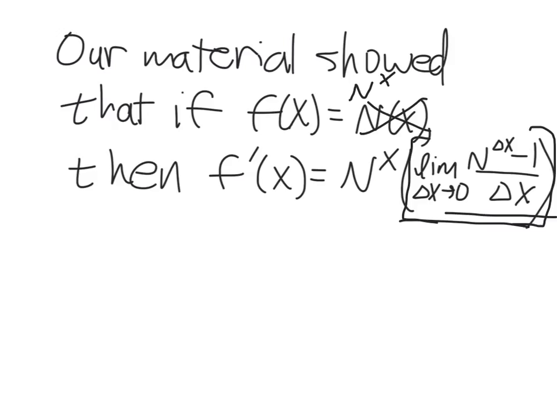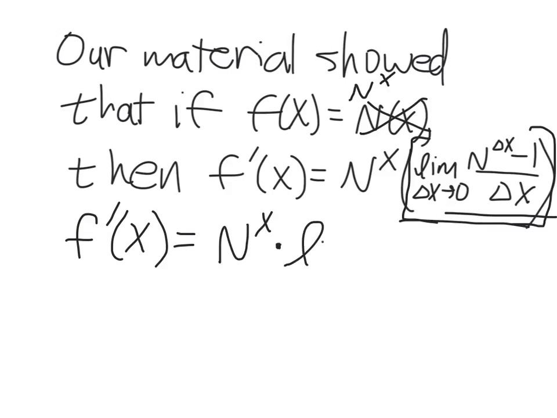Okay, so we're going to look at this a little bit differently. Our material showed that the derivative of n to the x was simply n to the x times the natural log of n.